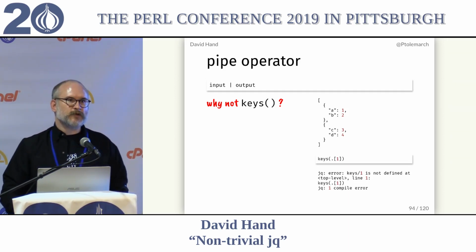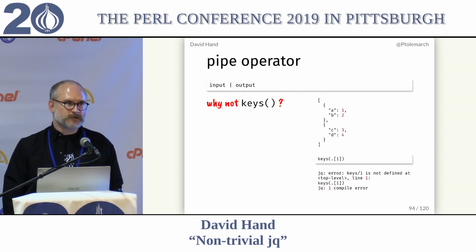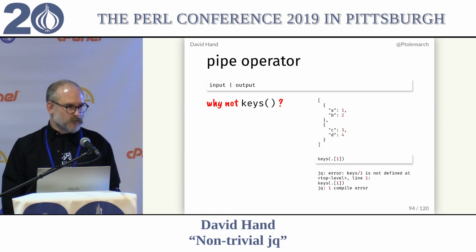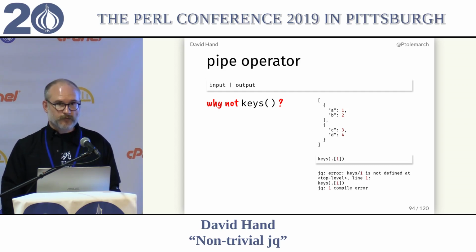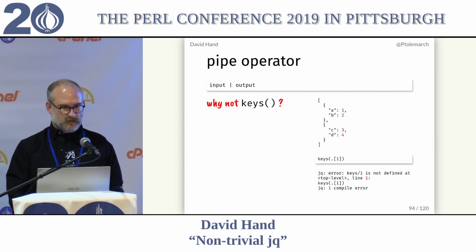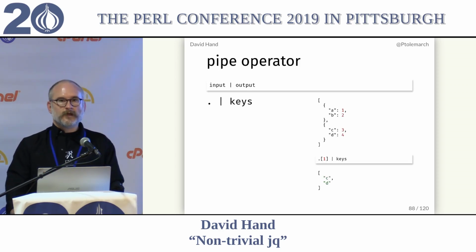For example, in the newest version of JQ, there are a number of math functions like sign, right? And all of the math functions with one argument take their argument through the normal way, right? Through the pipe.